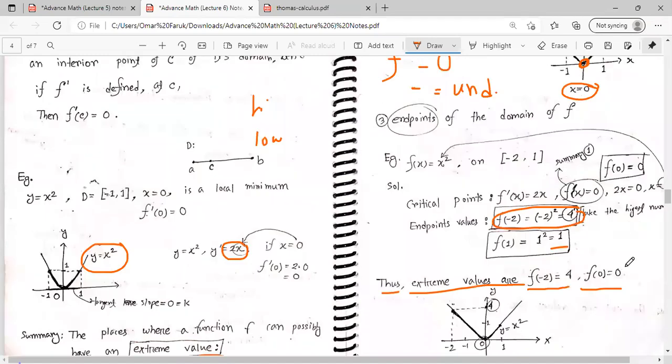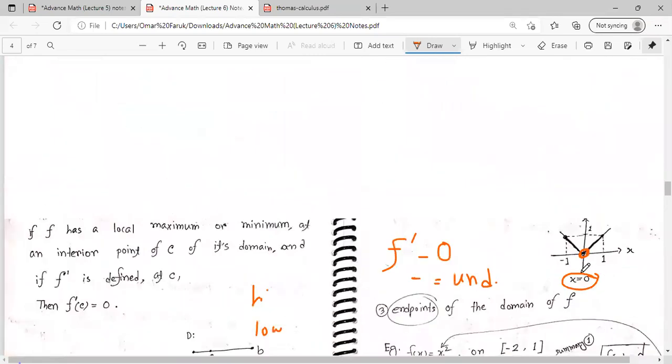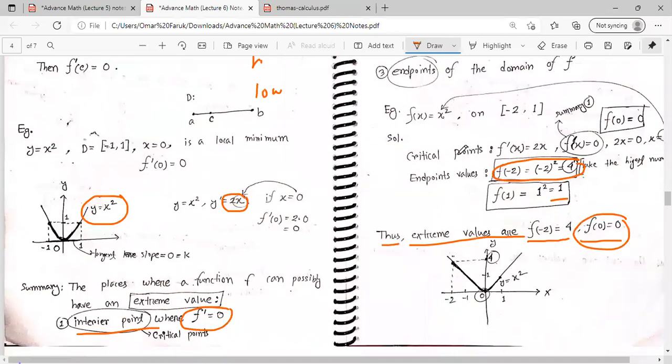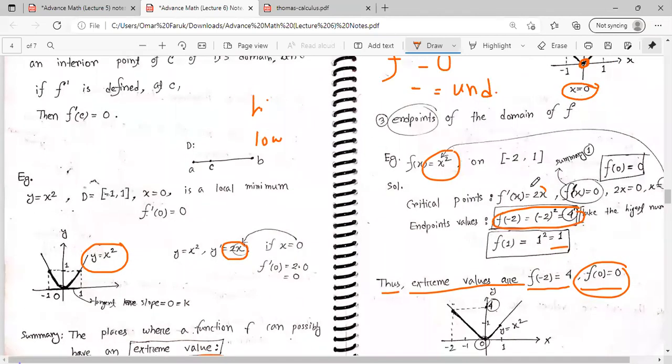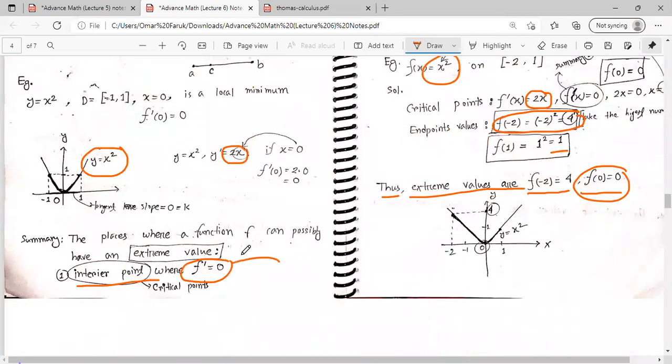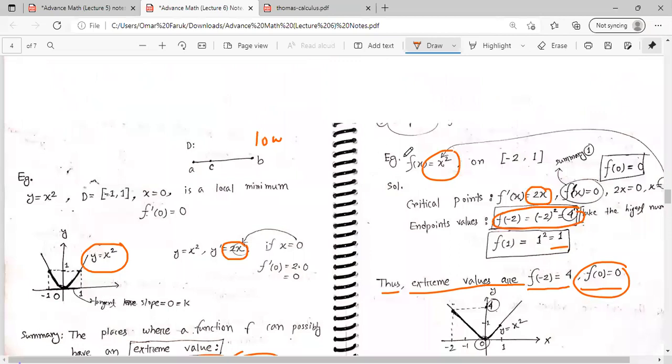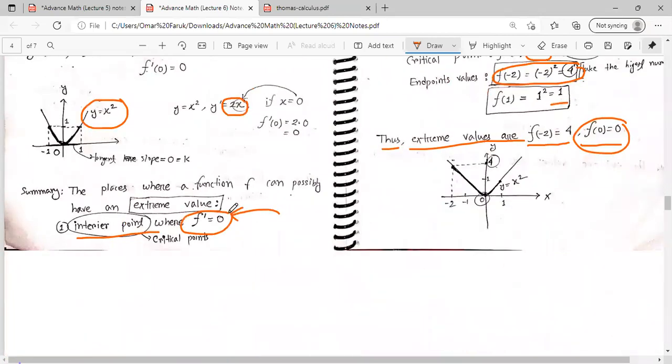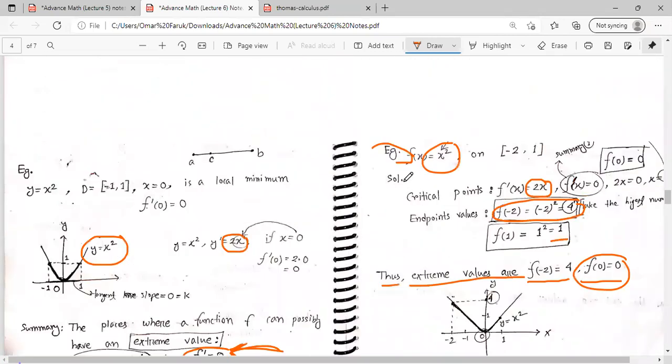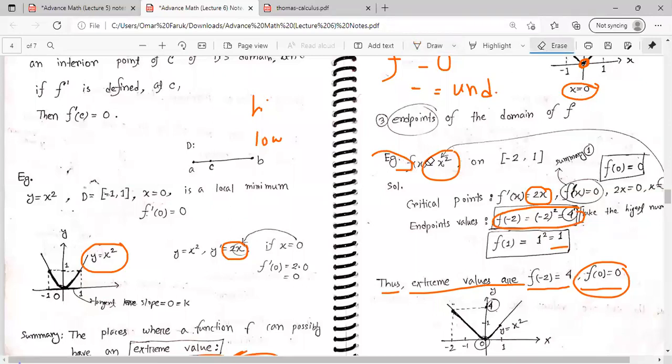Oh, okay. So I didn't show you f of 0. For this particular function, we have to find the derivative. Our function is f of x is equal to x squared, so the derivative of x squared will be 2x.